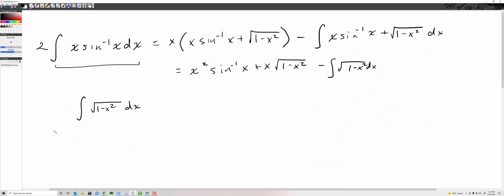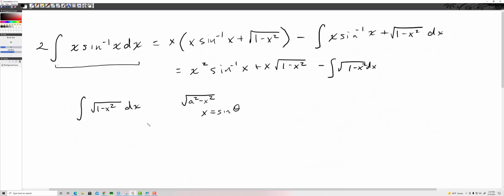Well, one trick that you'll run into very frequently with these substitutions is that if you have something that looks like this, it's a good idea to plug in x equals sine theta, and this is the first one we've experienced with a different order of substitution. Normally what you try to do is find a derivative inside here.